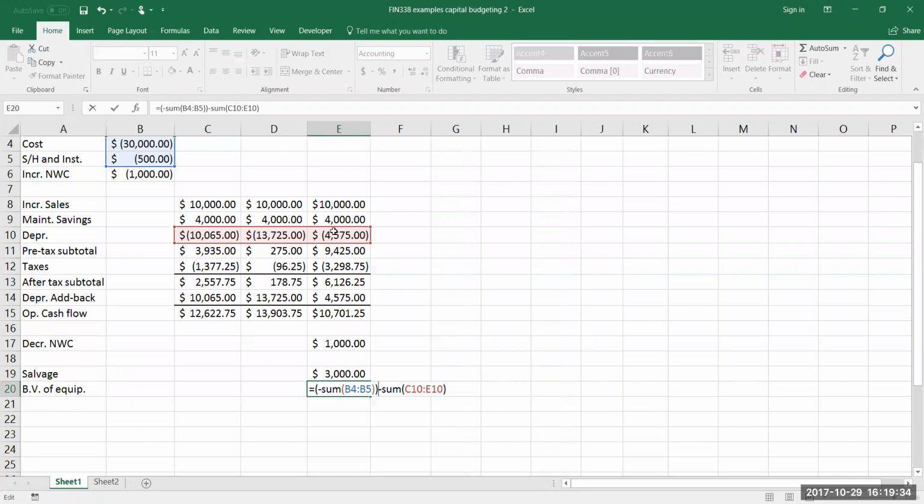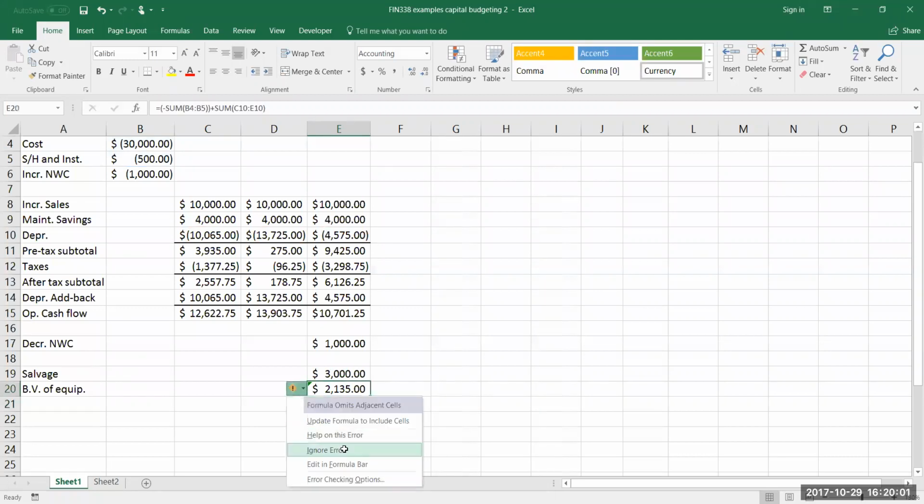So I'm going to change that sign to a positive. So the net effect of this is I do still have cost less the accumulated depreciation over here. It's just I have a positive sign in the middle because the depreciation figures are already negative. So we're still doing cost less accumulated depreciation. That hasn't changed. And we get a book value of equipment of $2,135.